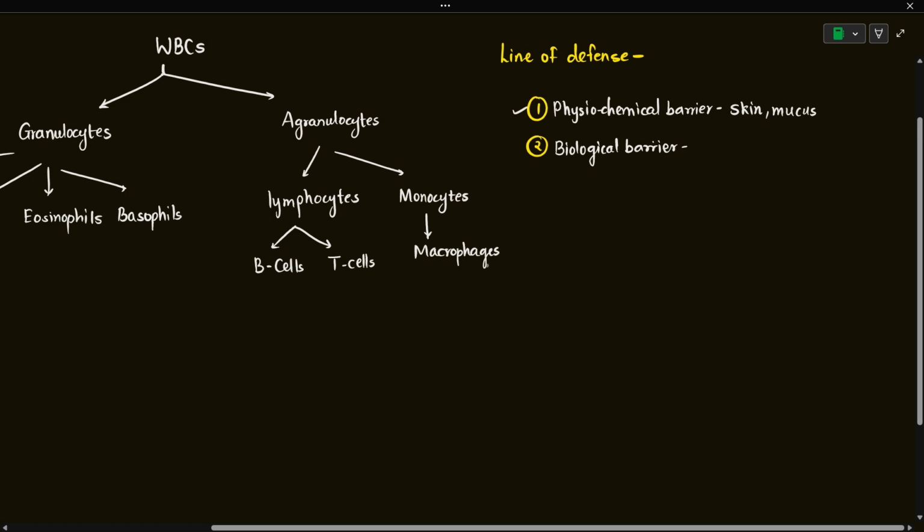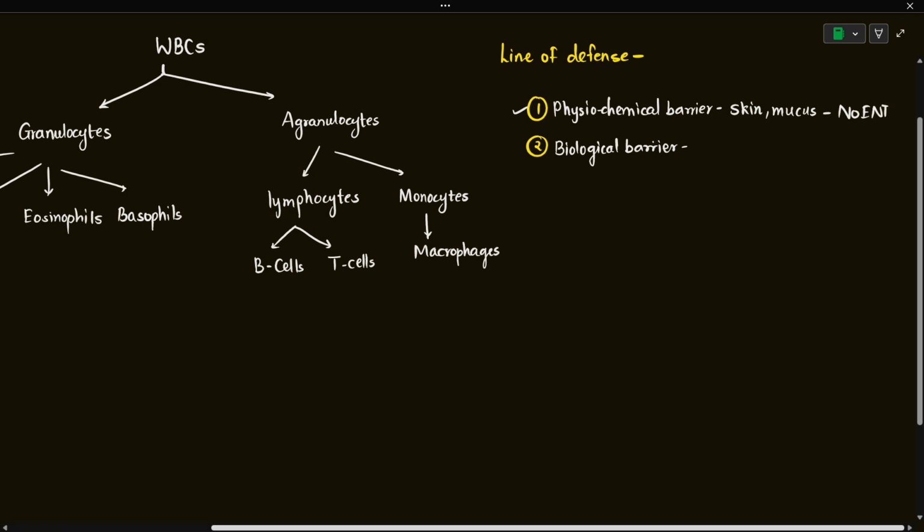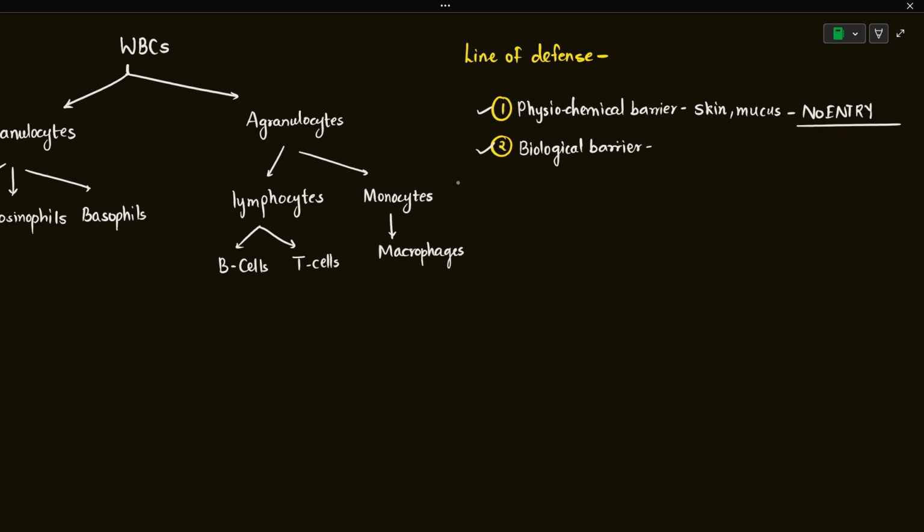So this is the first line of defense, the physiochemical barrier, ensuring no entry of the pathogen in the body. It is a no entry sign for the pathogen, but somehow the pathogen enters. So we need to eliminate it. We need to kill it, and that is why we have the second line of defense, which has multiple responses.